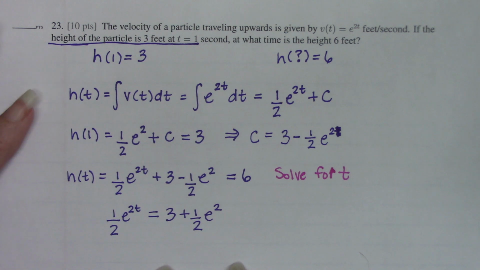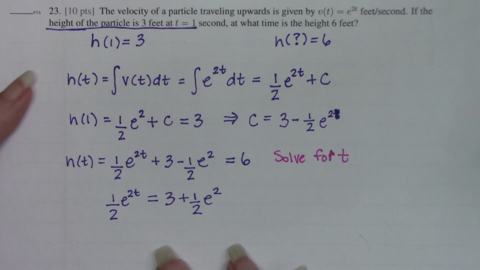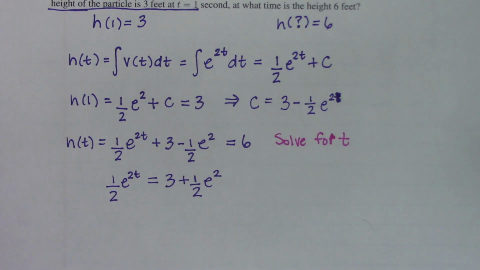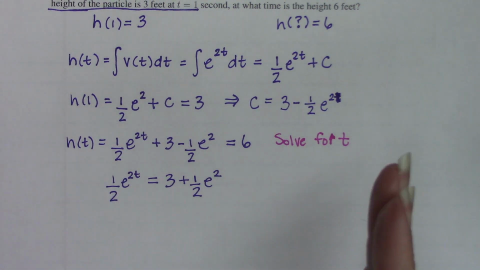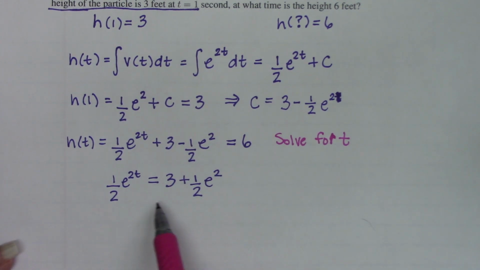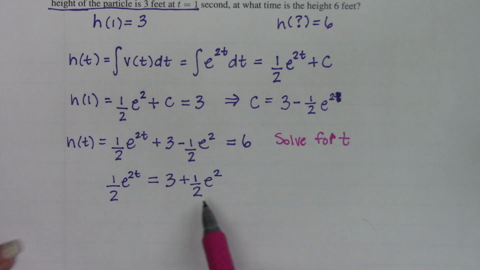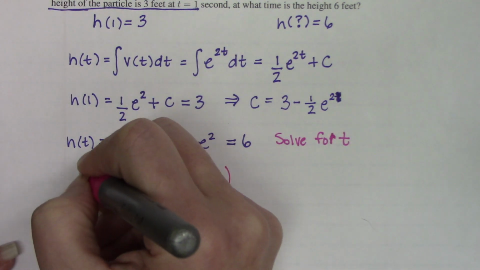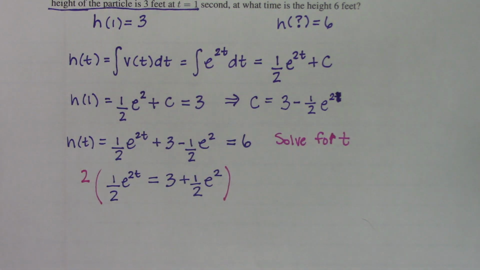A nice handy little trick that I like to use so you can eliminate all fractions out of the problem very quickly is you can multiply both sides by the common denominator. So the common denominator here would just be 2, because we have a 2 and a 1. So I'm going to multiply both sides by 2.